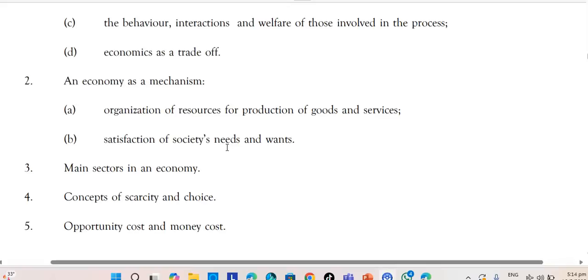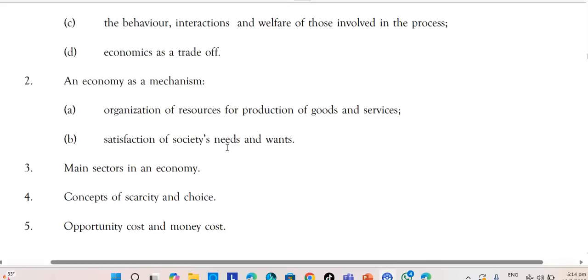A good economy works to give people jobs, provide employment and income so they can buy what they need and want. Example, a well functioning economy provides hospitals, schools, and supermarkets, so people can access healthcare, education, and food.